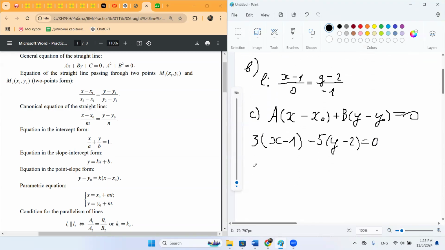And let's expand the brackets and reduce to the general form. Why? Just because we can do it, just for better understanding, to prove that we can reduce to any form depending on the task, on the requirements, just based on our needs.